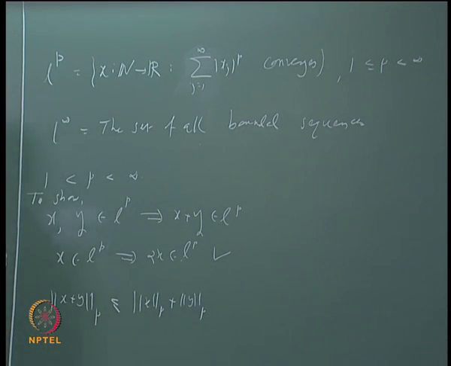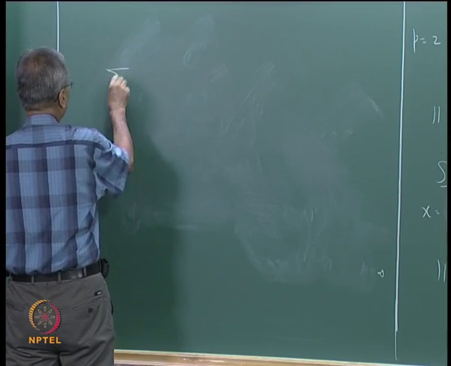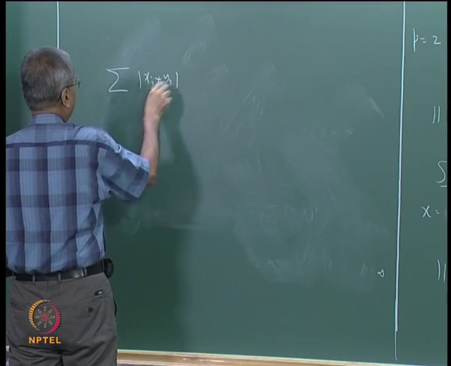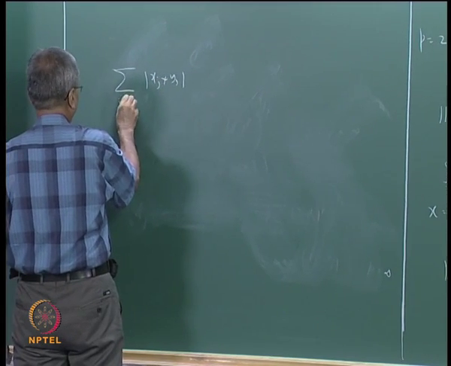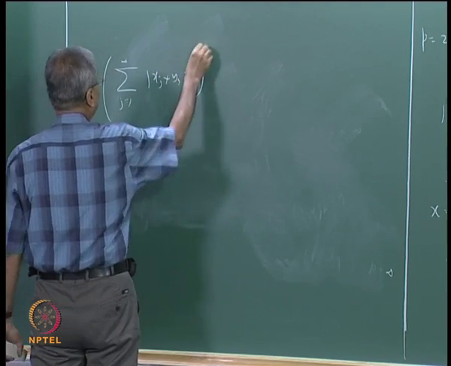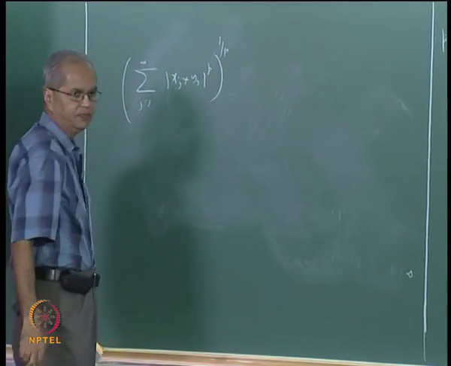What is the meaning of this? It means that norm of x plus y suffix p is nothing but sigma mod xj plus yj to the power p, j going from 1 to infinity, and then this whole thing to the power 1 by p.